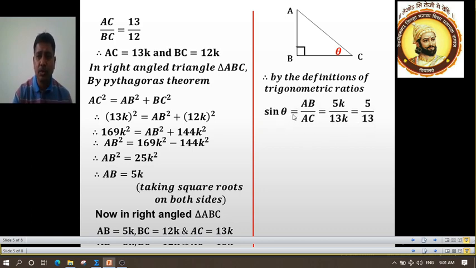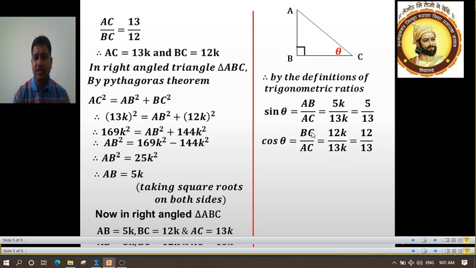What is the sine ratio? Opposite side upon hypotenuse. Opposite side is AB, hypotenuse is AC. So AB upon AC, but AB is 5K, AC is 13K, K's cancel, we have 5 upon 13. Cos theta, adjacent side divided by hypotenuse. Adjacent side is BC, hypotenuse is AC. So BC is 12K, AC is 13K, K's cancelled, we have 12 upon 13.